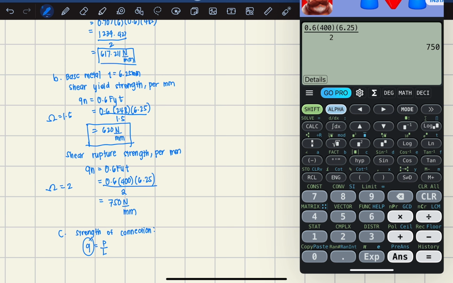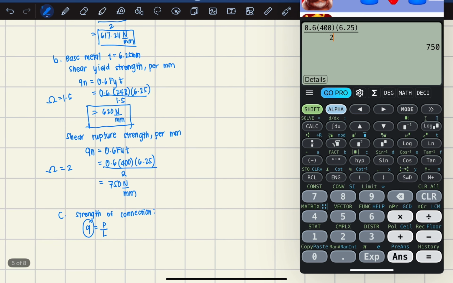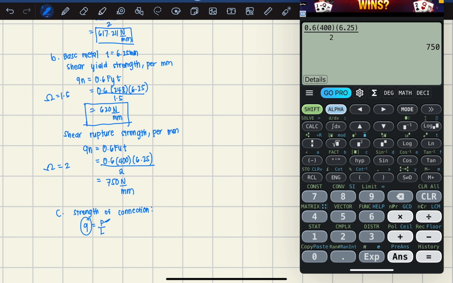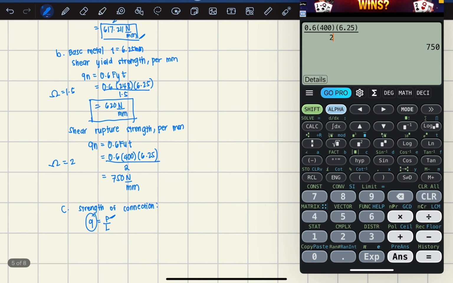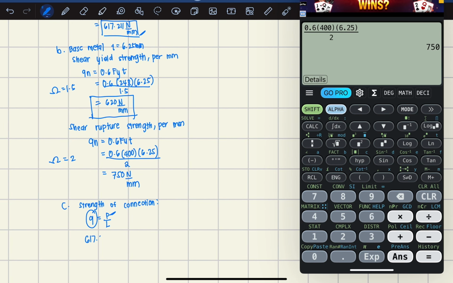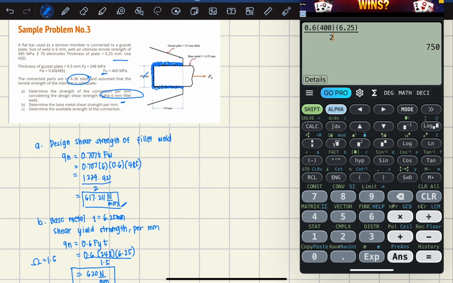So, nasolve na natin yung design strength ng fillet weld per mm. So, yung kailangan dito class is yung P. So, just substitute yung una nating nasolve na 617 para sa fillet weld equals to unknown P times yung length ng mga fillet weld. So, dito, ito yung mga connected, 100 plus dalawang 150.